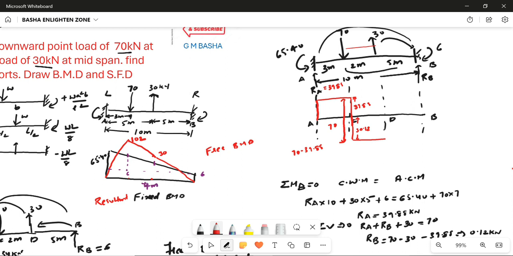Again an upward load is acting from here, which is 30. So from here I am moving 30 upwards. The total length will be 30.12, so 30 means somewhere you will get like this. So the remaining length here will be 0.12. And again from here there is no load acting, therefore I am taking a straight line.